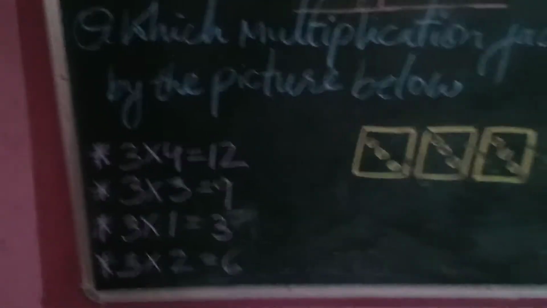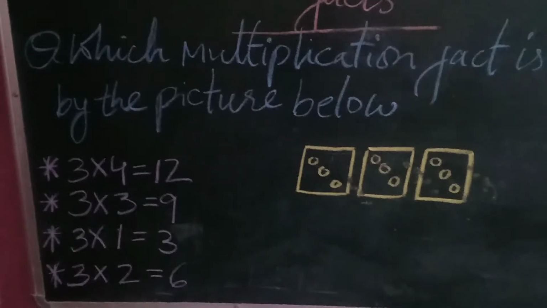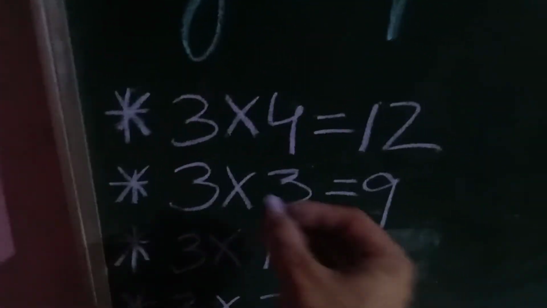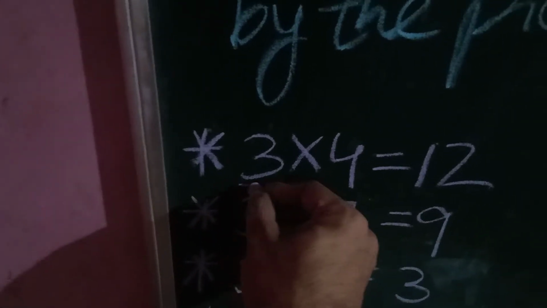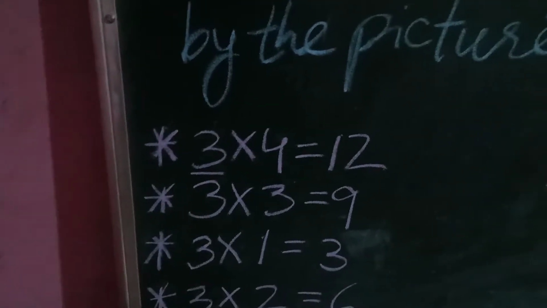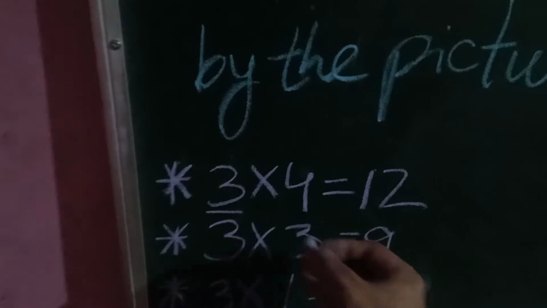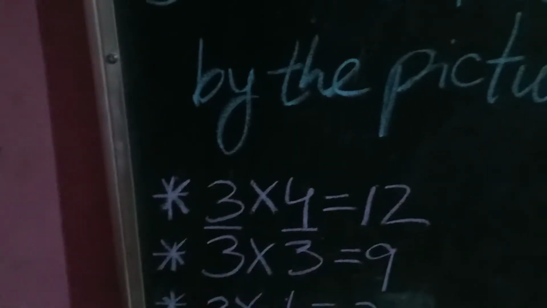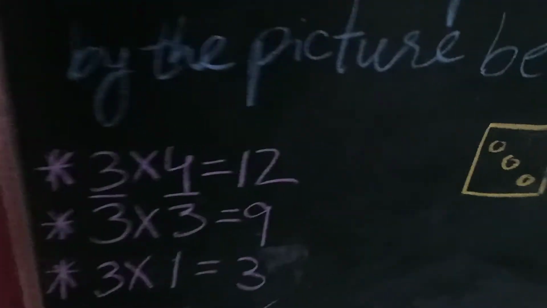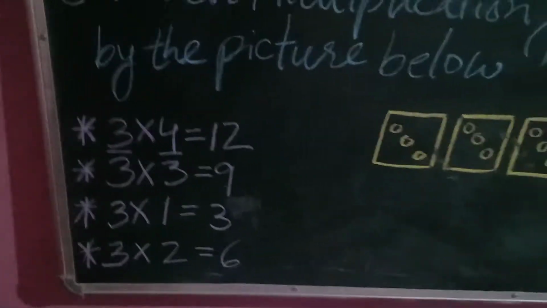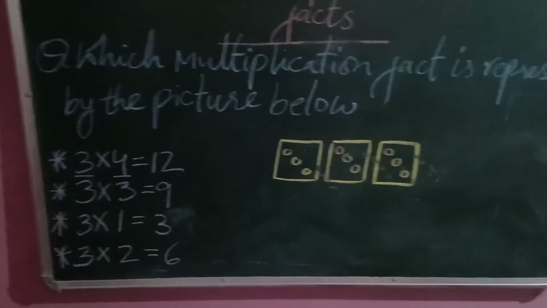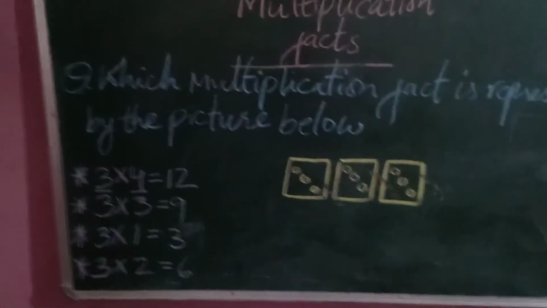If you don't understand, consider this one the number of dice, and this one the number of dots. Take an example like this and solve by yourself.